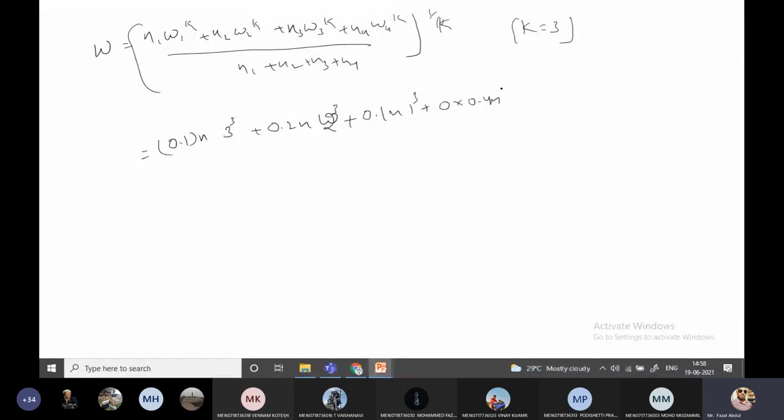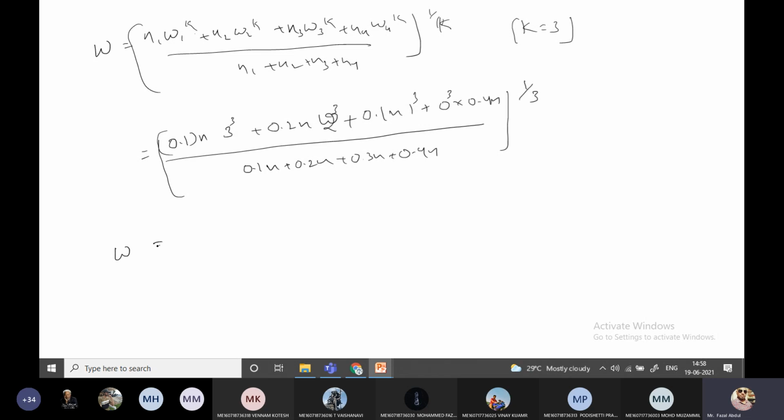number of revolutions. So 0, why? Because there is no load for the fourth condition, divided by N1, N2, N3: 0.1 N plus 0.2 N plus 0.3 N plus 0.4 N, power 1 by 3.